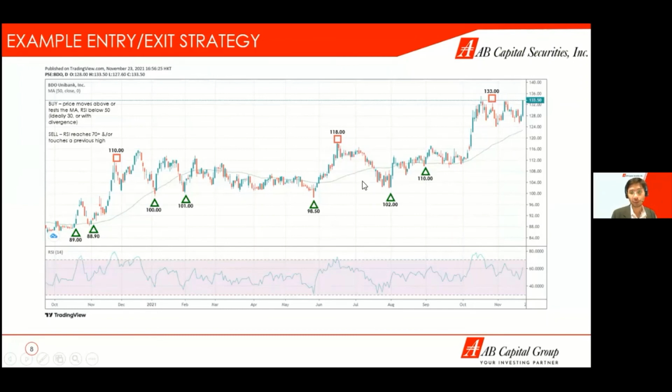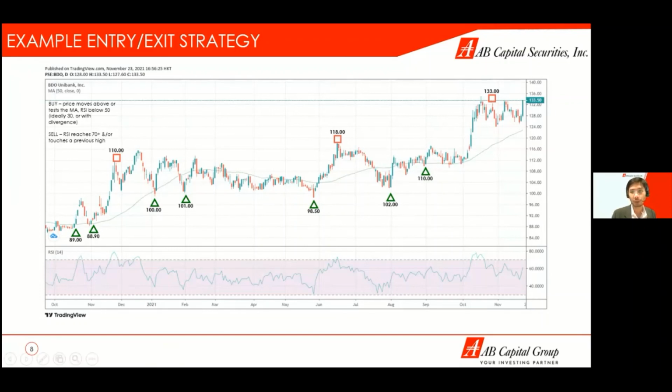Okay, so after selling at 118 and the price dropped below the MA, you saw the bullish divergence again in RSI. We mentioned this before in the range trading part. So that would have triggered the buying at 102 and then another buying at 110 when the price started moving above the moving average.